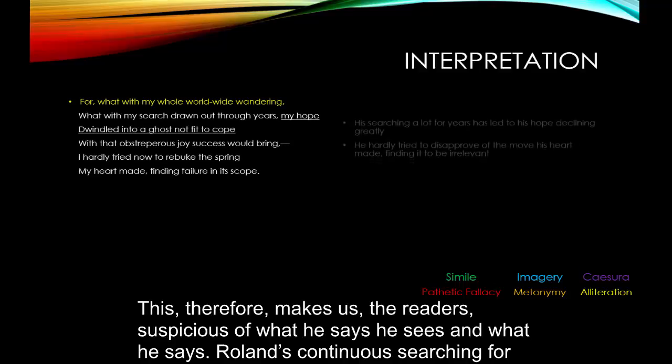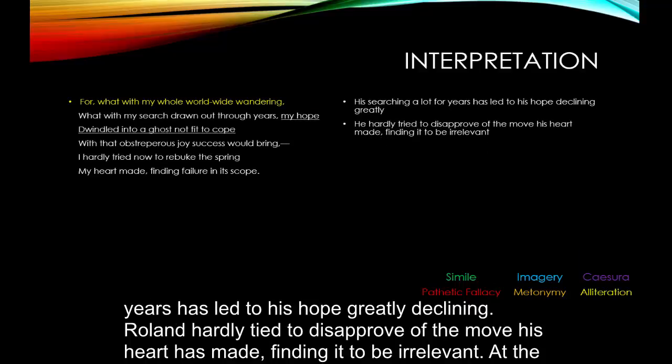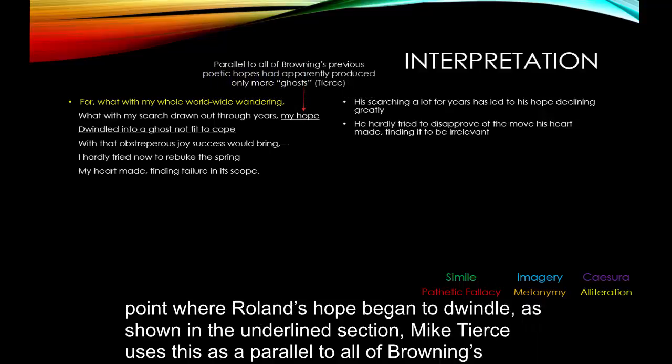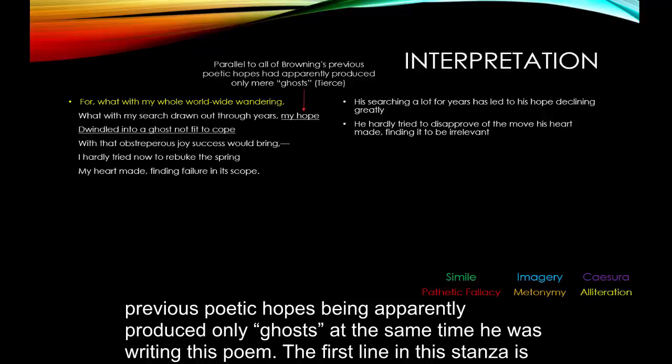Roland's continuous searching for years has led to his hope greatly declining. Roland hardly tried to disapprove of the move his heart has made, finding it to be irrelevant. At the point where Roland's hope began to dwindle, as shown in the underlined section, Mike Tierce uses this as a parallel to Olive Browning's previous poetic hopes apparently producing only ghosts, at the same time he was writing this poem.